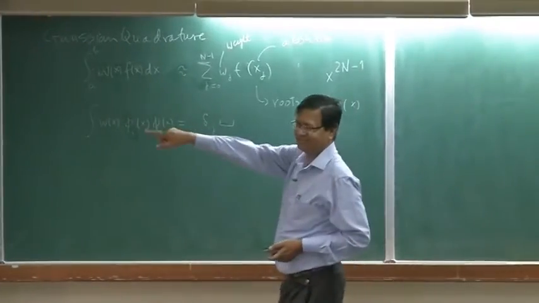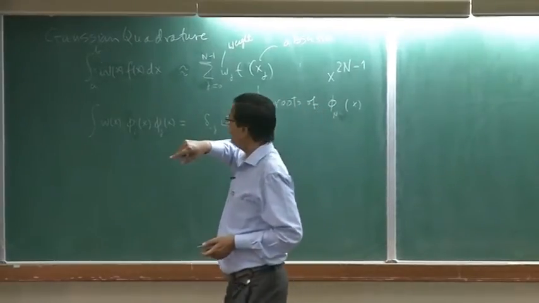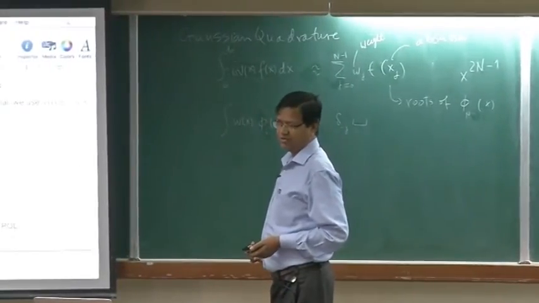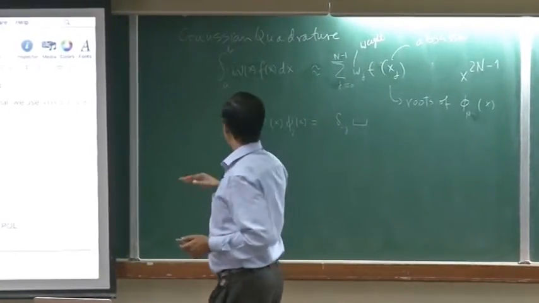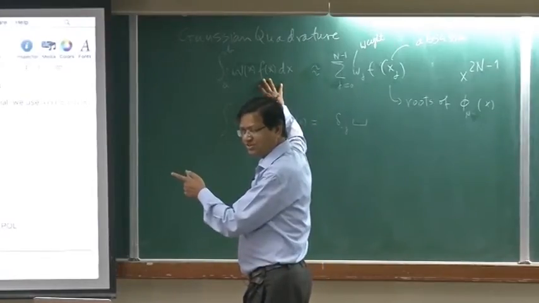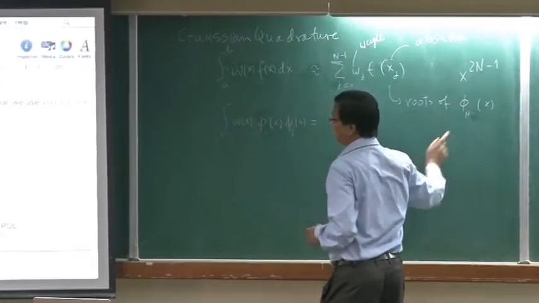According to this notation it will be phi n. Let's follow the same notation: phi n has n roots, but I am starting these indices from 0. So it should be clear that this expansion is done up to phi n minus 1 in this notation, and the root is of phi n.